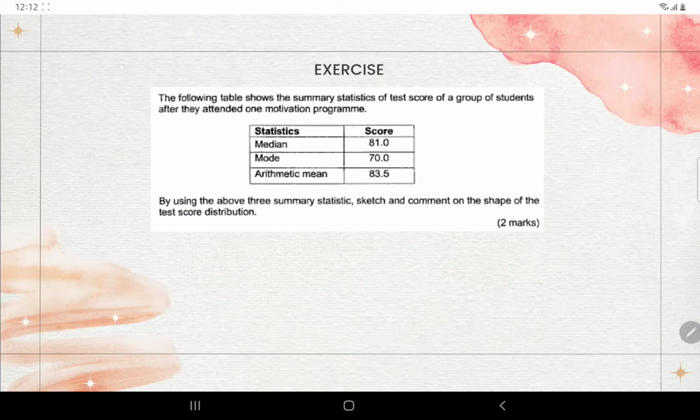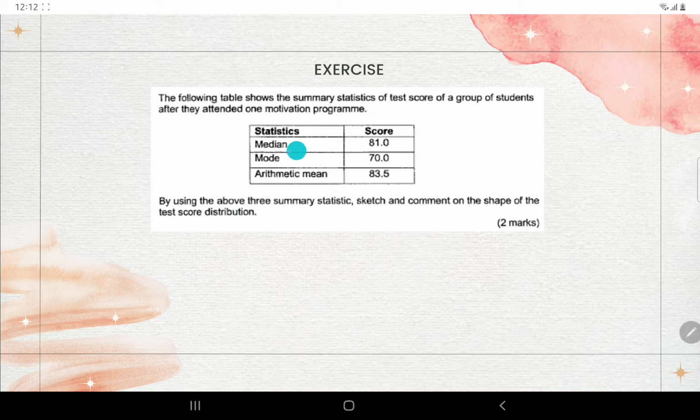Let's take a look at this exercise. The following table shows the summary statistics of test scores of a group of students after they attend one motivation program. The median, mode and mean are given here. By using the above three summary statistics, we need to sketch and comment on the shape of the test score distribution.